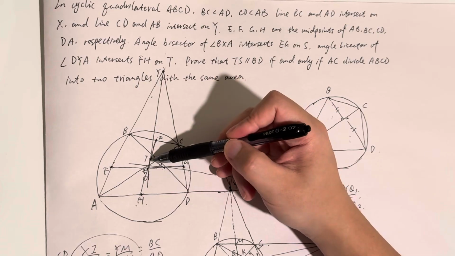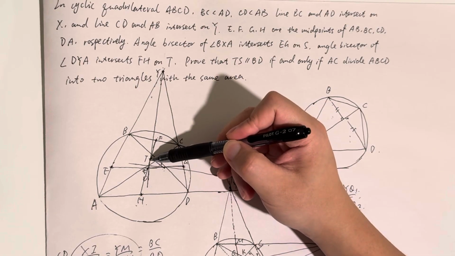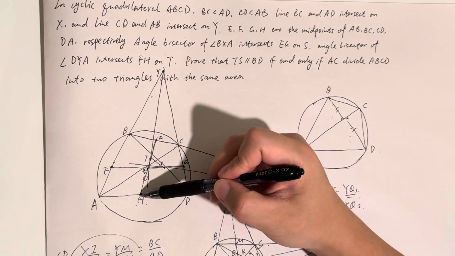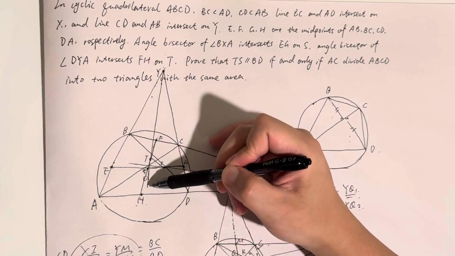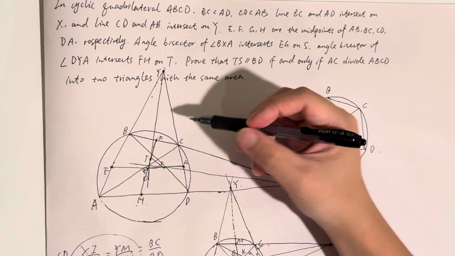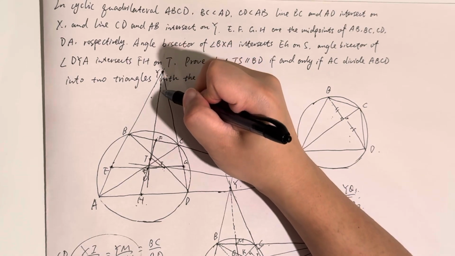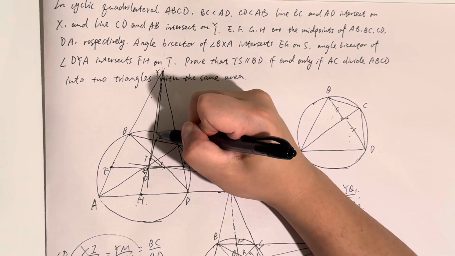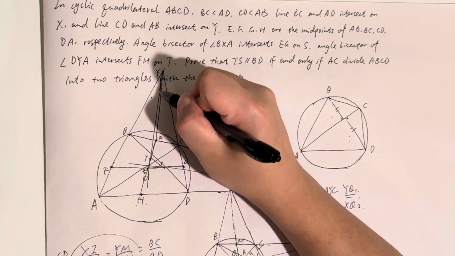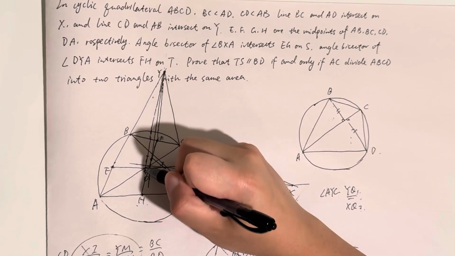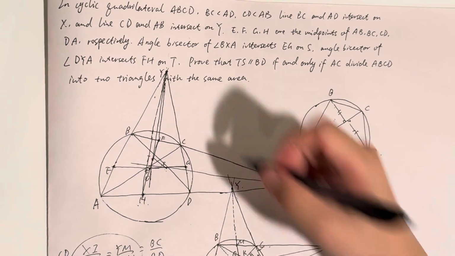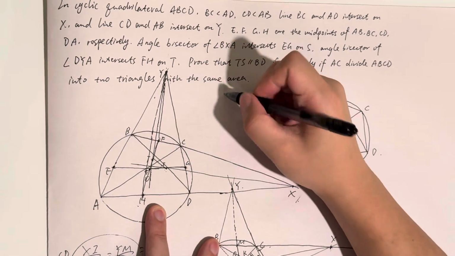So T is the intersection point of FH and YQ, which means if we connect YF, we connect YH, right?